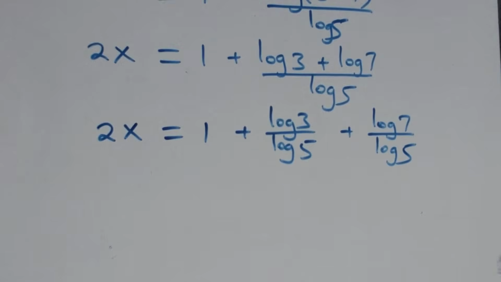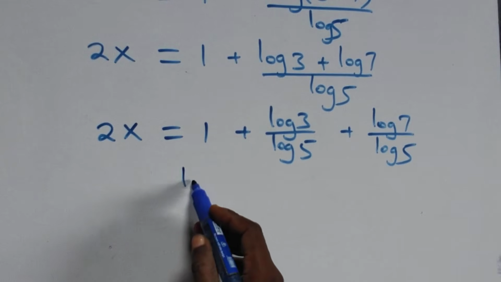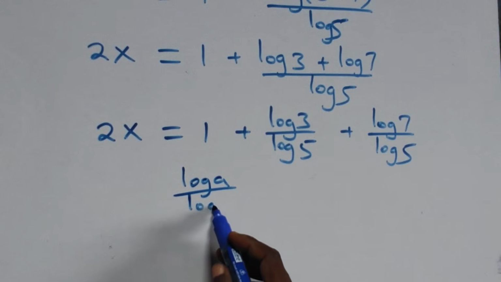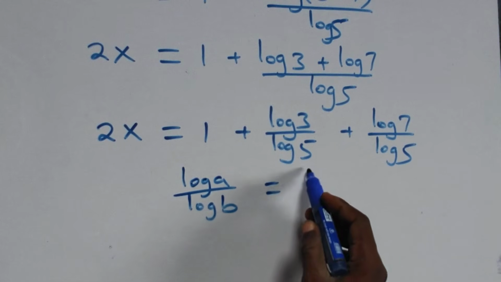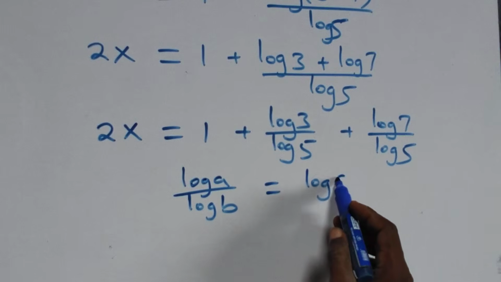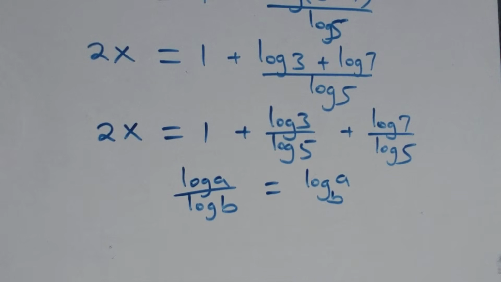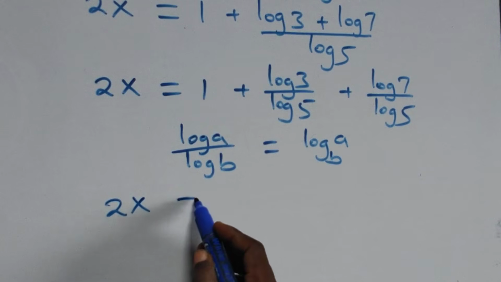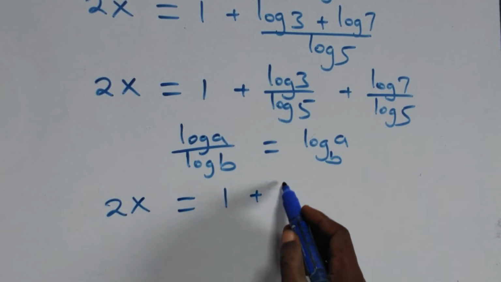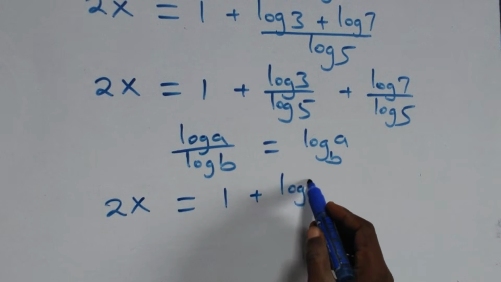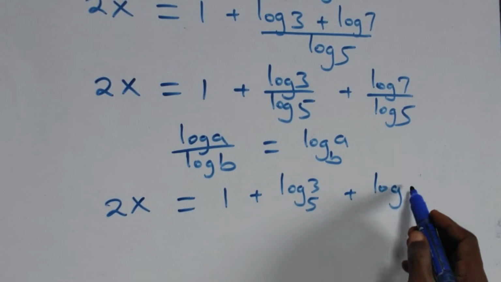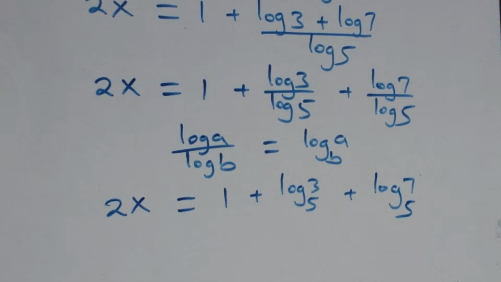Then, applying change of base, that is log a over log b, this same thing as log a to base b. Then what we have becomes 2x equals to 1 plus log 3 base 5 plus log 7 base 5.